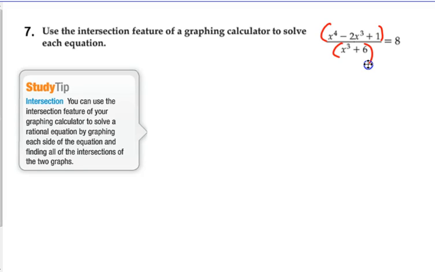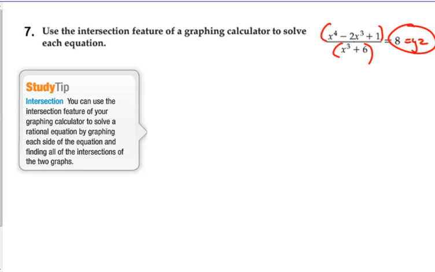So if I put parentheses around the top and type this, divided by the divisor in parentheses as well, and then in y2 I'm going to put equals 8.